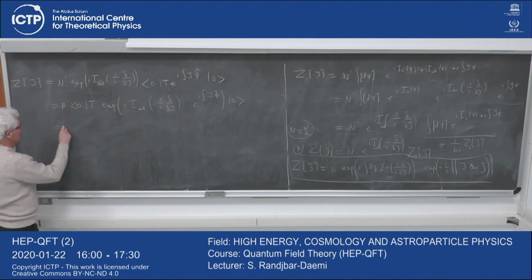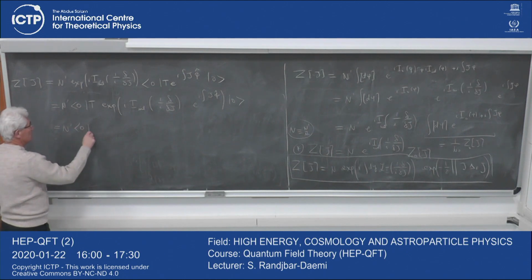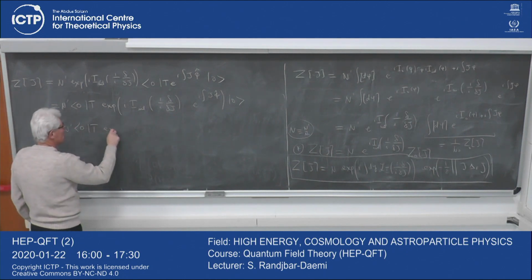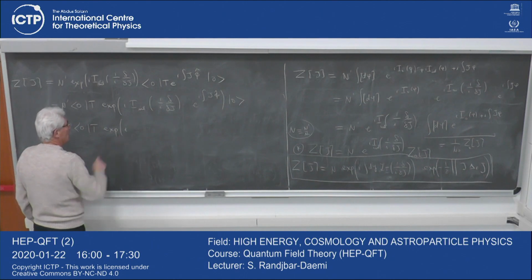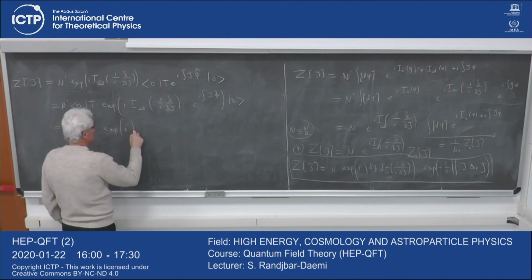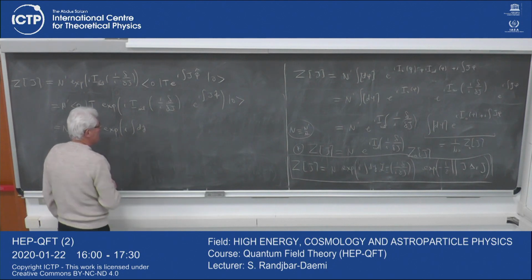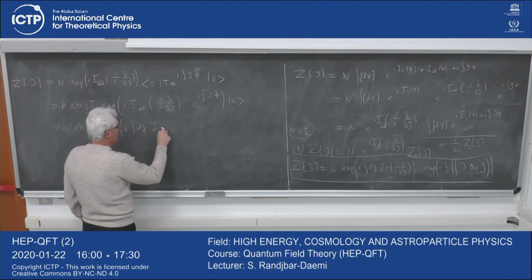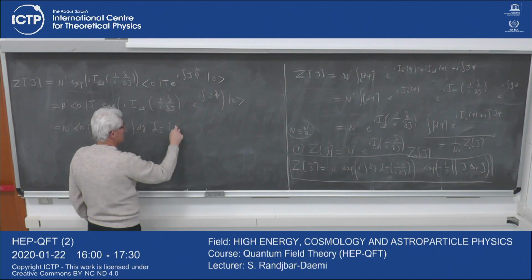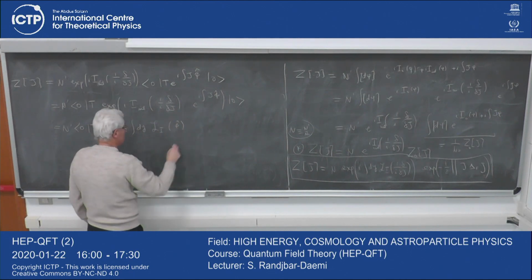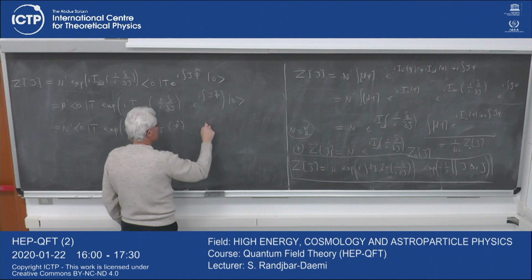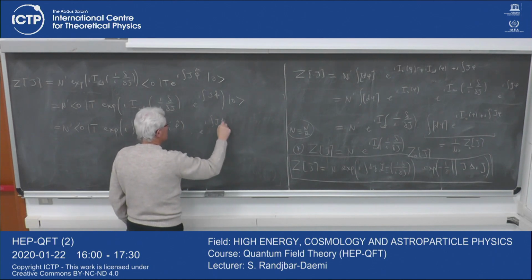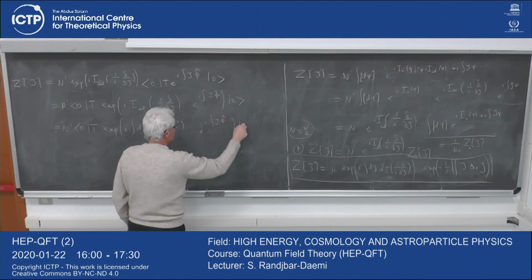Therefore, we have exponential of i. Let me write it in the original form of L_I, and this will be replaced by phi hat times exponential of i j phi hat, ground state.